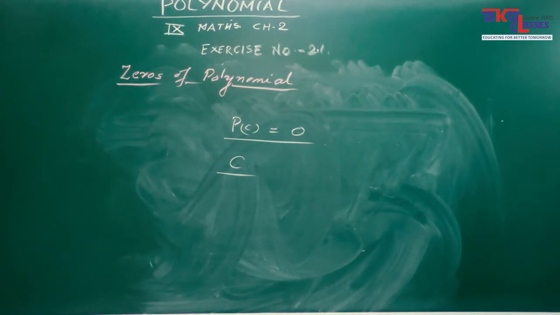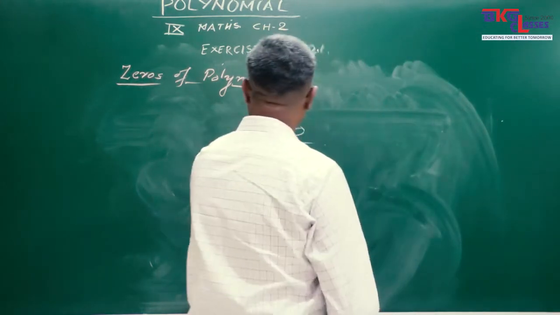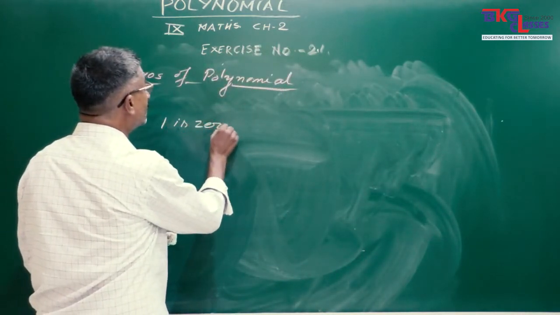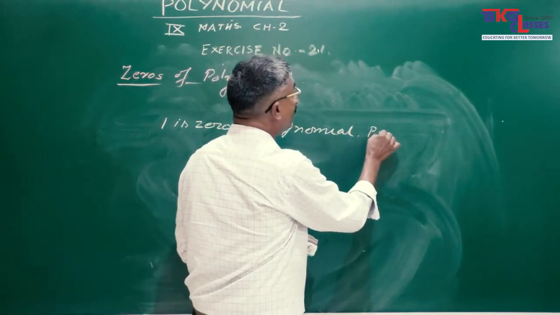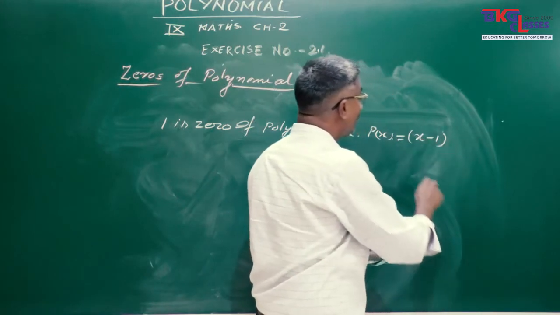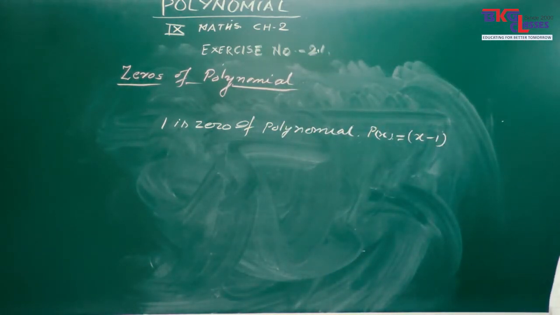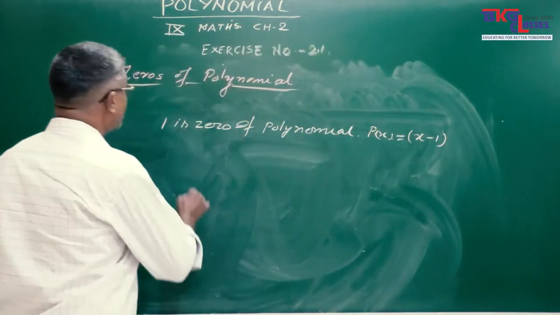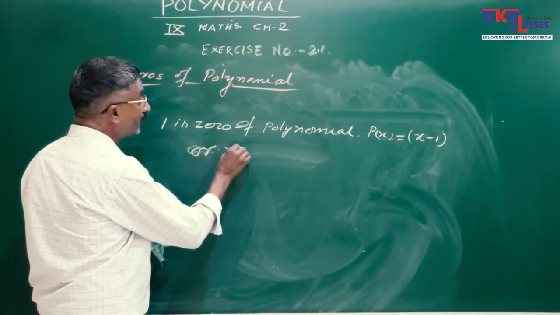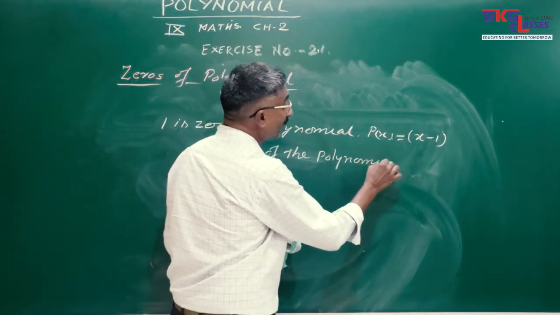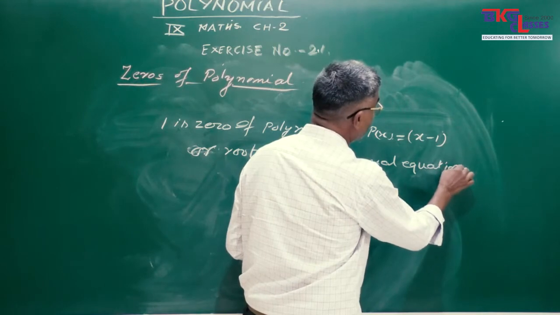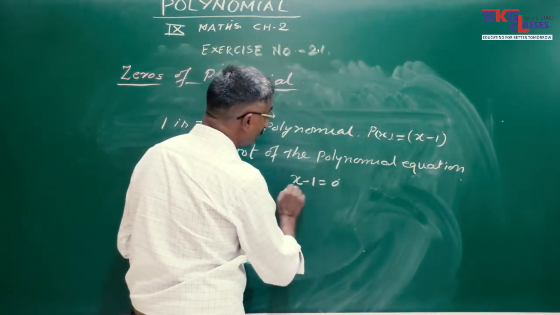In the first case, x minus 1 is equal to 0, where P(x) is equal to 0. 1 is the root of the polynomial equation P(x) is equal to 0, or we can say that 1 is the zero of the polynomial P(x) is equal to x minus 1, or a root of the polynomial equation x minus 1 is equal to 0.